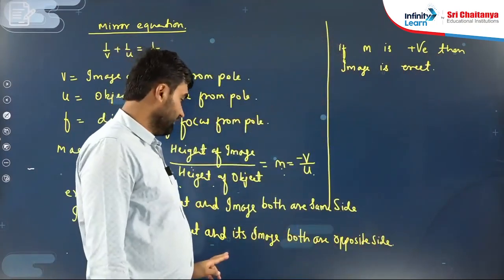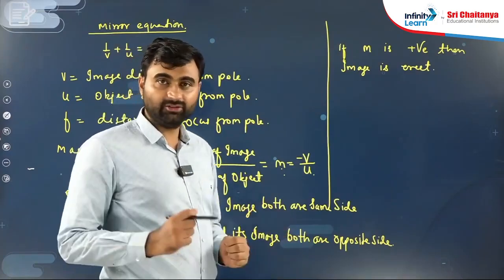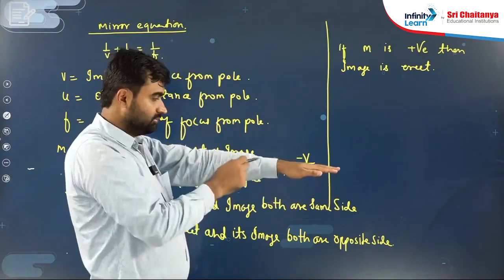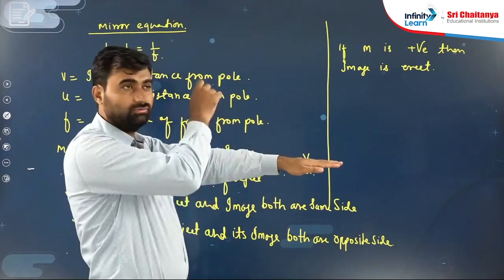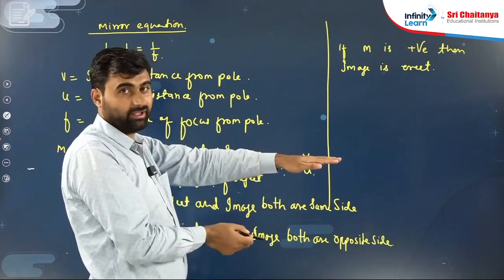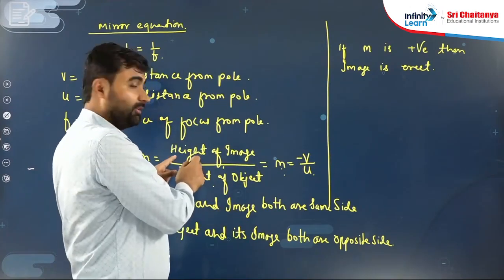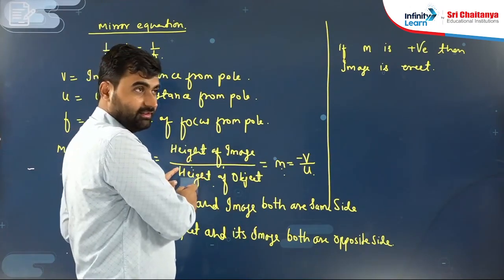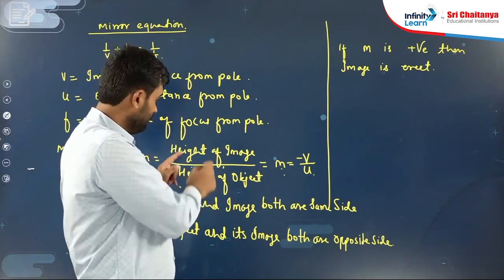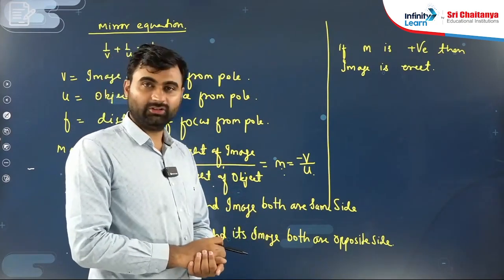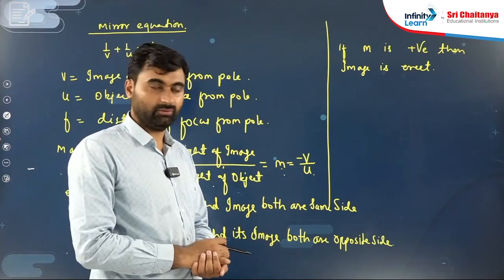Now if magnification is negative, then the image will be inverted. How to know? You can check. Suppose the object is above and the image below. Above is positive and below the principal axis is negative. So one is positive and another is negative, meaning overall it will be negative. Agree or not? Overall it will be negative.